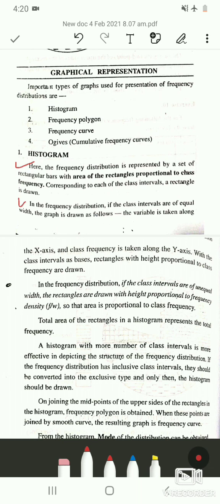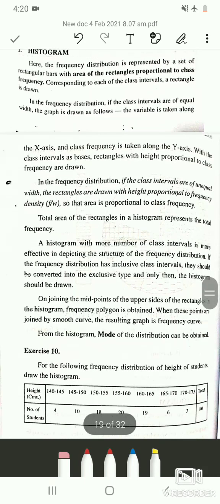So in a frequency distribution, if the class intervals are of equal width, the graph is drawn as follows. The variable is taken along the x-axis, and the class frequencies are taken along the y-axis. With the class intervals as basis, rectangles with height proportional to class frequencies are drawn.